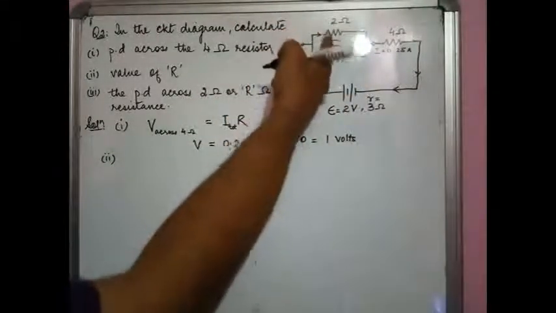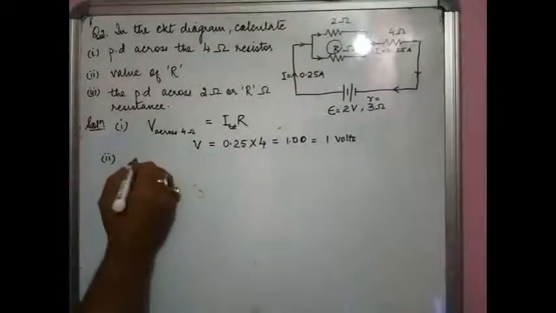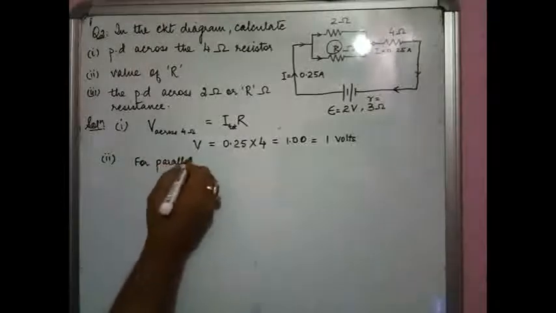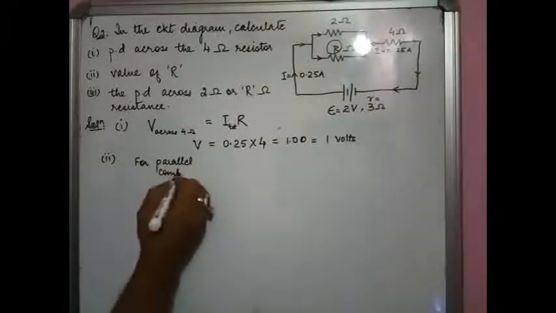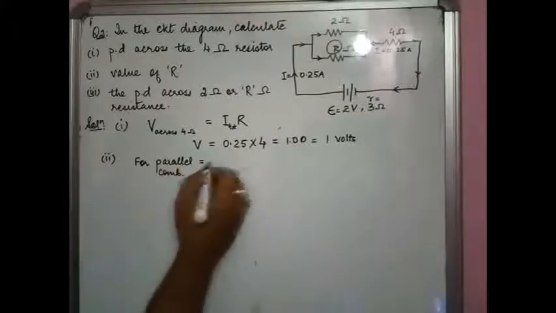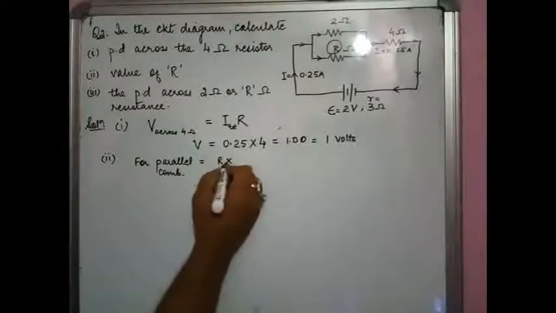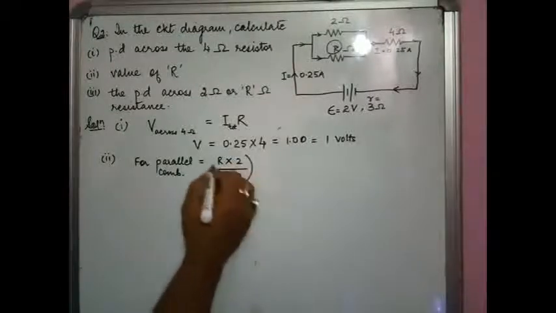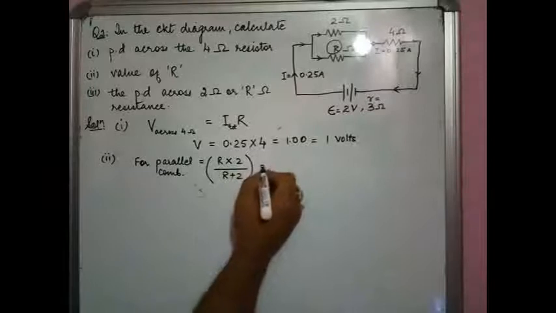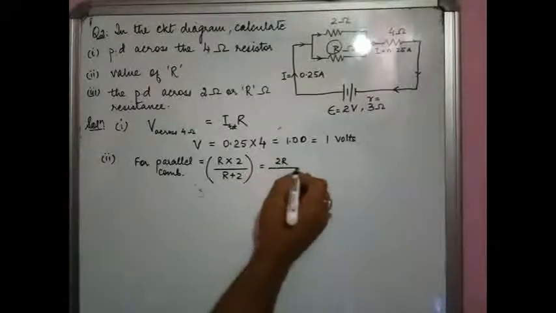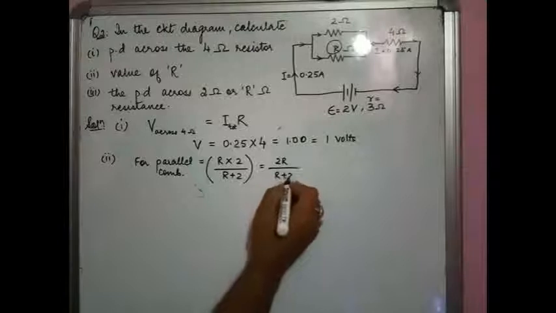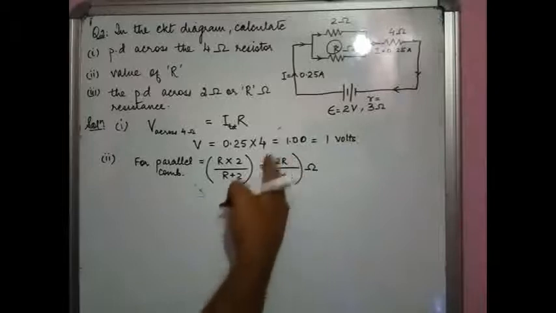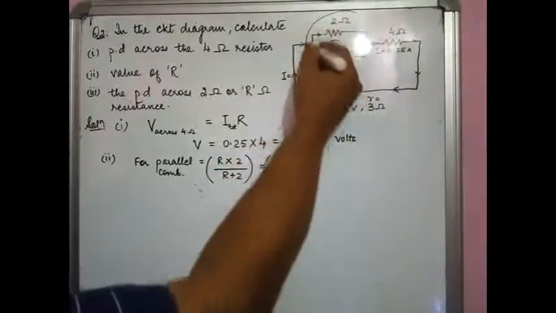These two are in parallel, so for parallel combination, we have R1 into R2 upon R1 plus R2. This is the formula for parallel that we know. So this becomes 2R upon R plus 2 ohms. So this portion is this portion.